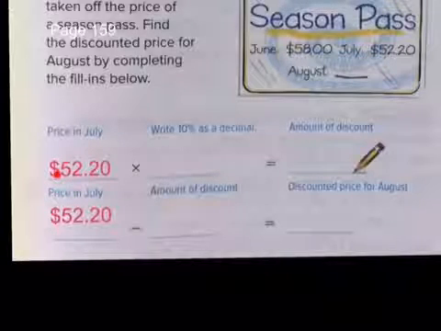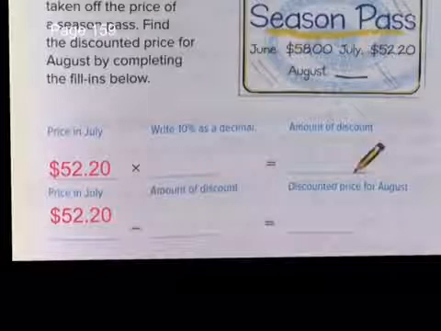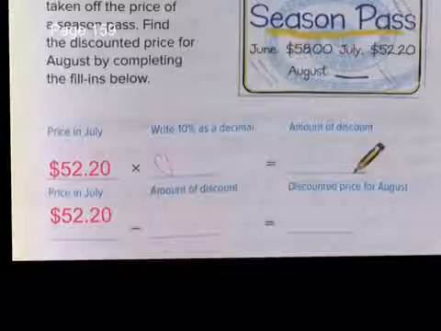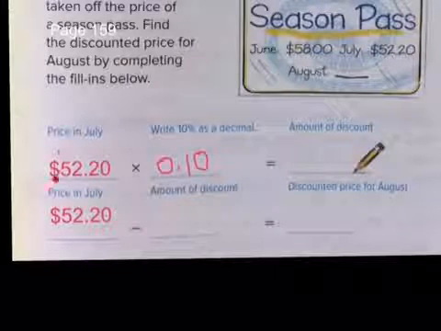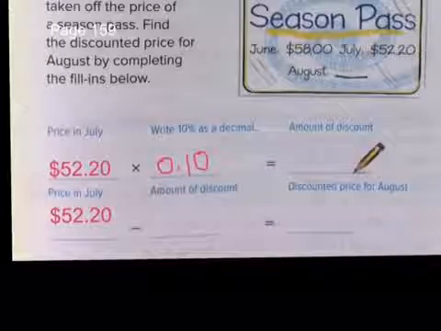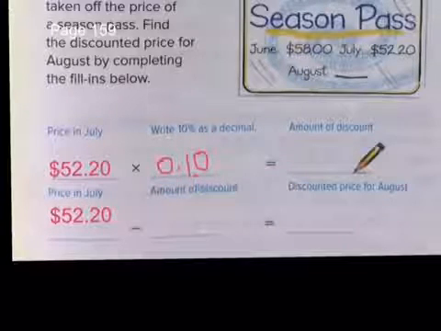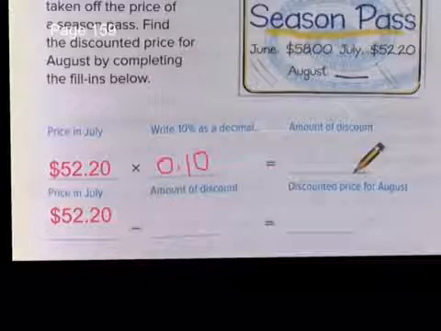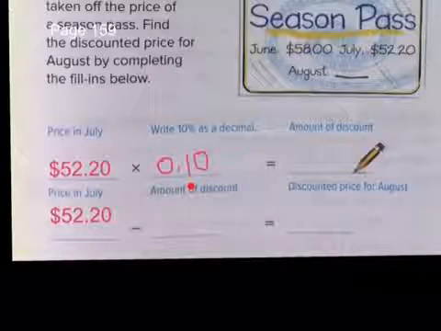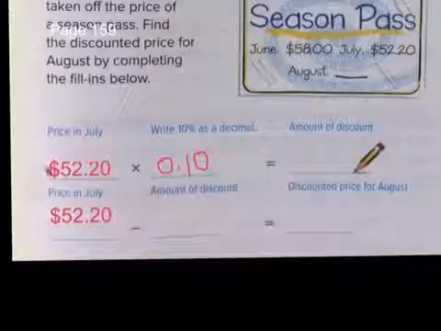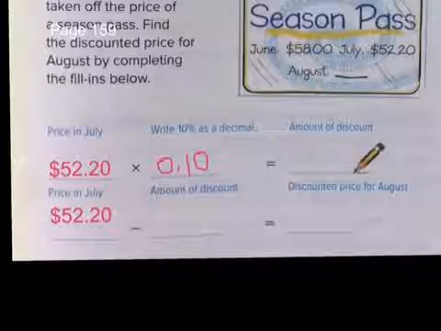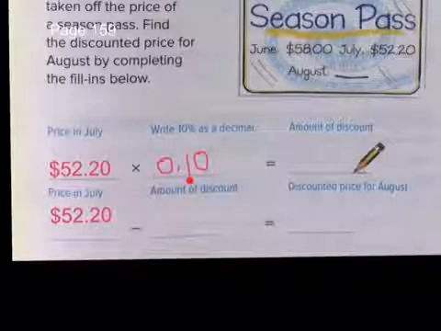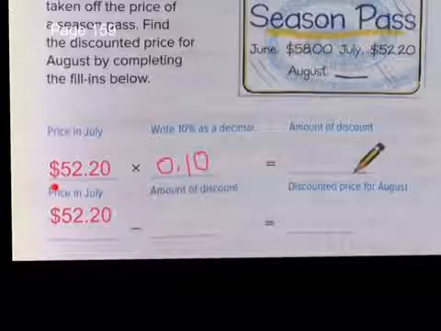10% written as a decimal is 0.10, right? And remember that when we multiply a number times the percent converted into a decimal, we're going to get that fraction of this number. So 52.2 times 0.1 is going to give us what 10% is of this price.